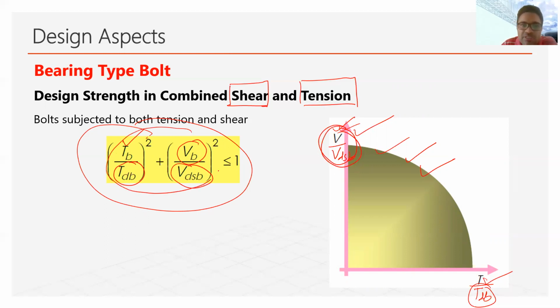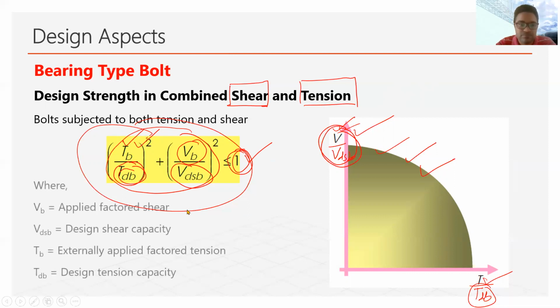And this value should be less than 1, because if it is more than 1, it means the applied effect will be higher than the design strength, and in that case the joint will fail. So to check this, we just need to verify that this effect is less than 1. If it is less than 1, then the bolt will be safe in the combination of shear and tension. If it is greater than 1, it means our bolt is not sufficient to carry that shear and tension altogether. So these are the notations.